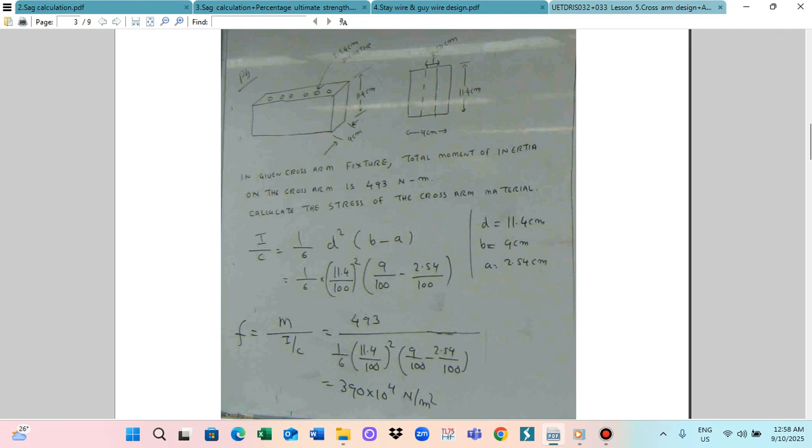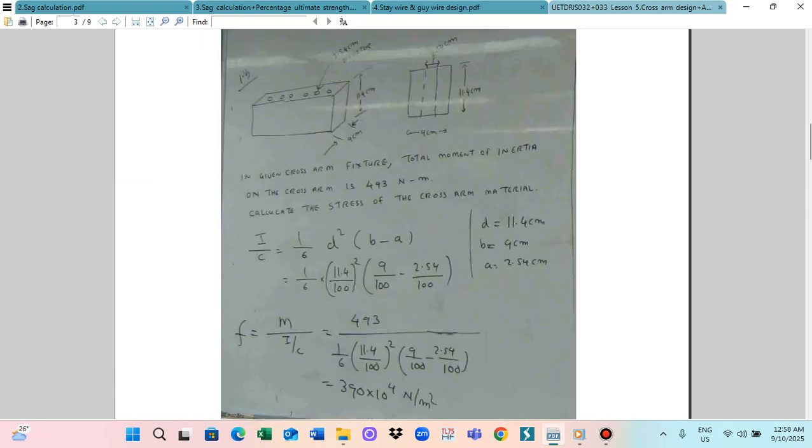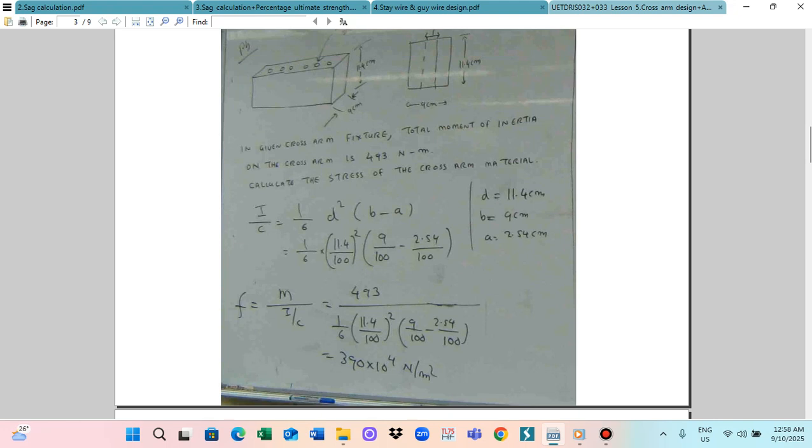So normally we can calculate the I by C ratio. I by C is equal to, in this formula, 1/6 into D square into B minus A. So this is the cross arm with the insulator pin hole. We use the two formulas.